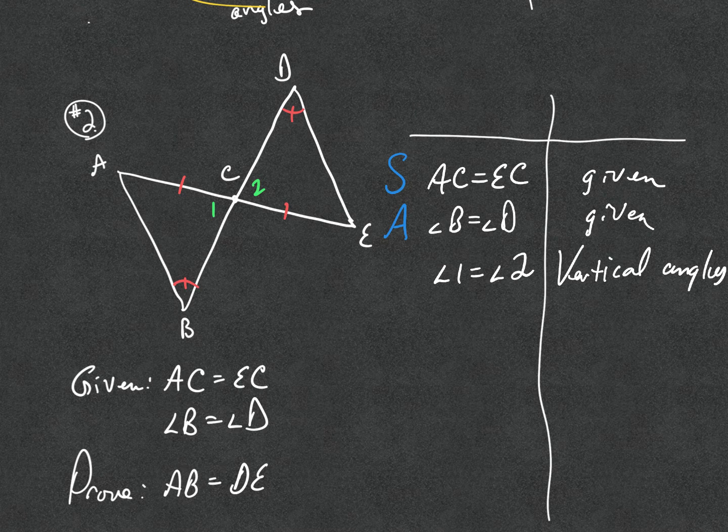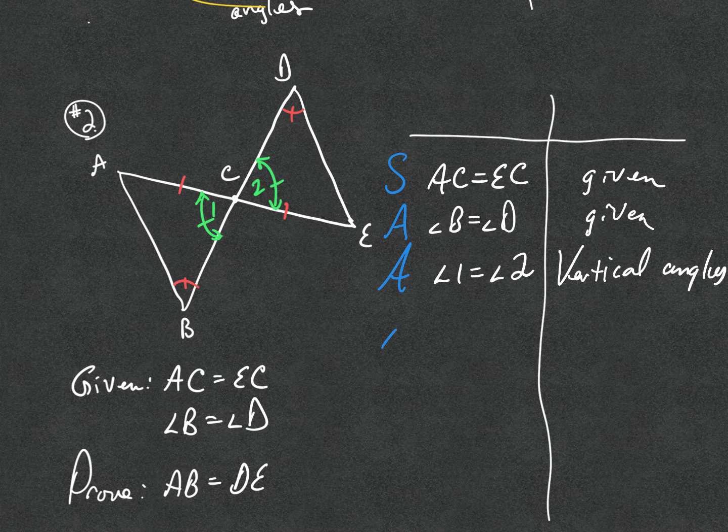So they have to be equal to each other. So this angle and this angle are equal. And what that gives us is another A. All right, so what we have is one side and two angles. Is that enough for one of our shortcuts?